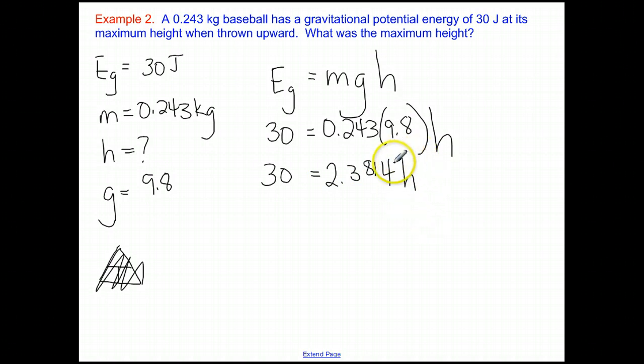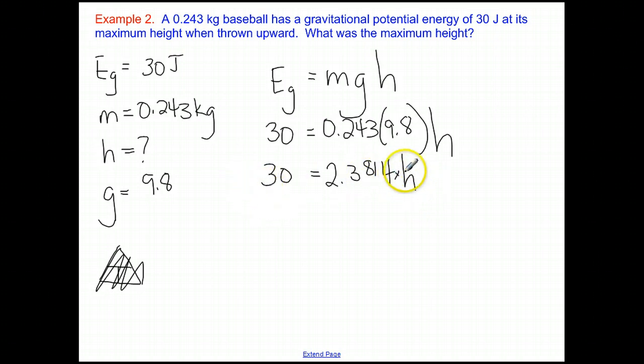So here's the variable we're looking for. We want to solve for height. Basically, if you have 2 variables on one side of the equal sign that are being multiplied, so this really essentially means 2.3814 times h, how you get it to the other side is by performing the opposite operation.